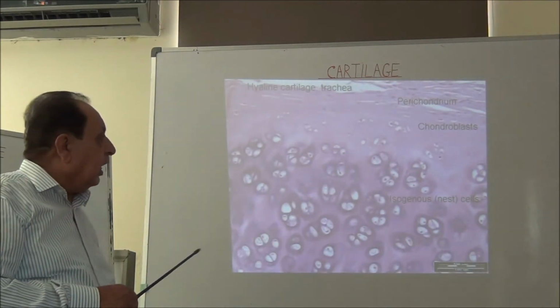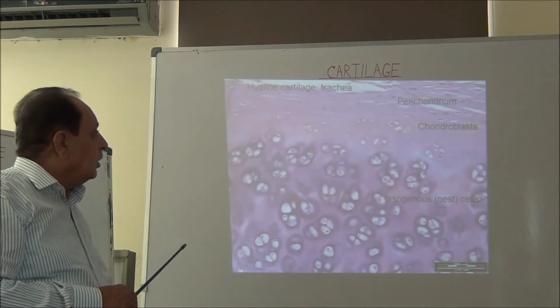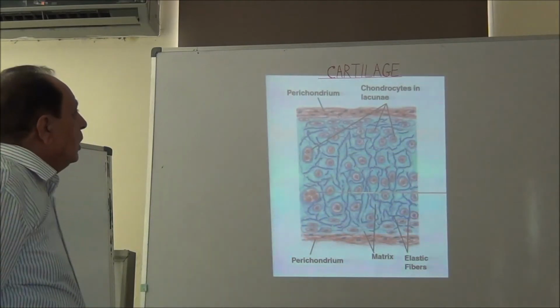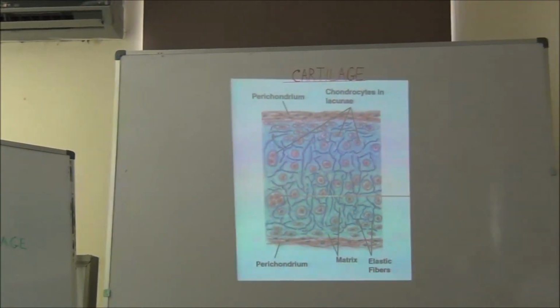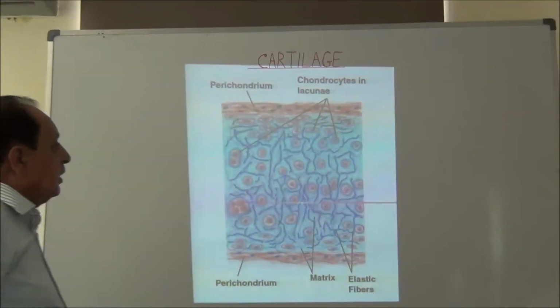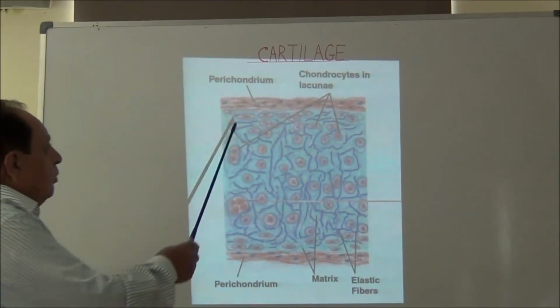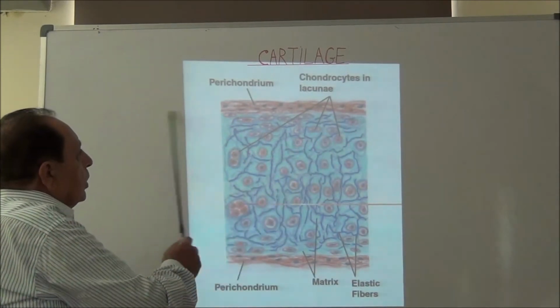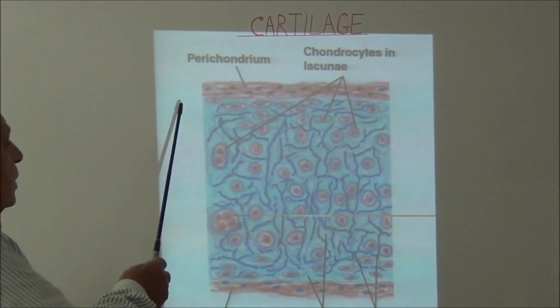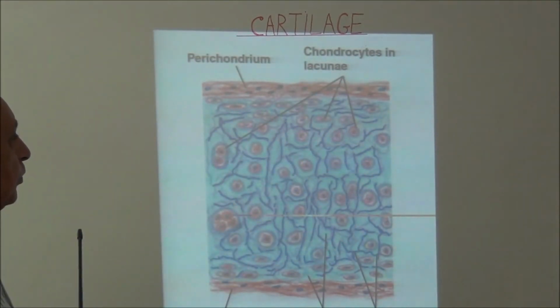Then after hyaline cartilage, the next one is the elastic cartilage. Now this type of cartilage is also covered by the perichondrium. Perichondrium is the dense connective tissue that covers the cartilage.